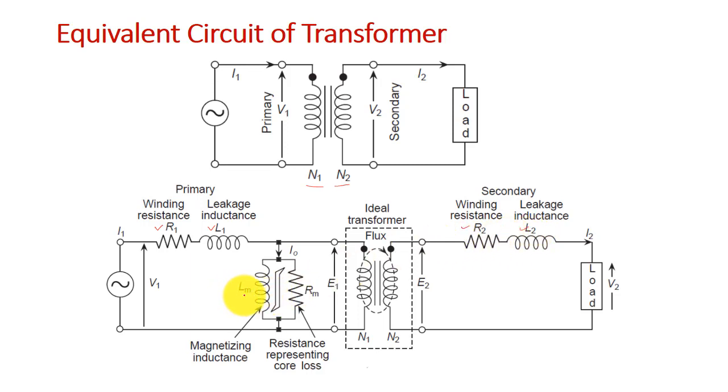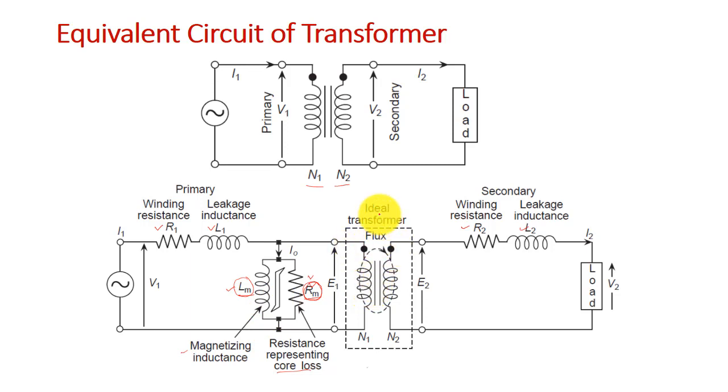And there are two more important parameters, called the magnetizing branch parameters: Lm and Rm. Rm is a resistance that represents the core loss component of the transformer, and it is parallel to Lm, the magnetizing inductance of the transformer.